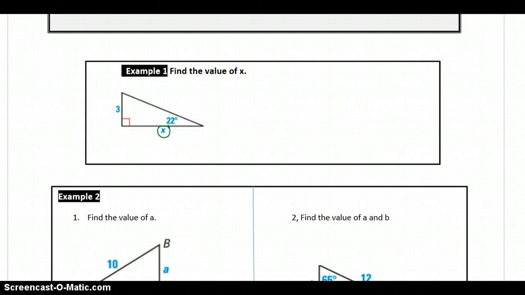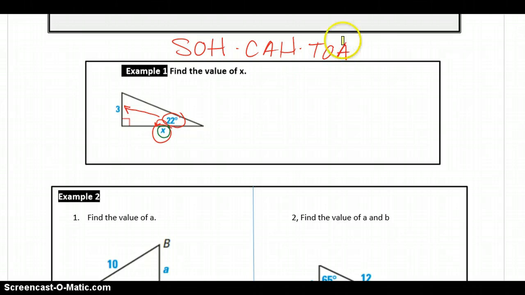We'll look at our angle here. Compared to where our angle is located, we are given the opposite side and the adjacent side. So which of our ratios in SOH CAH TOA deals with opposite and adjacent? The tangent ratio.